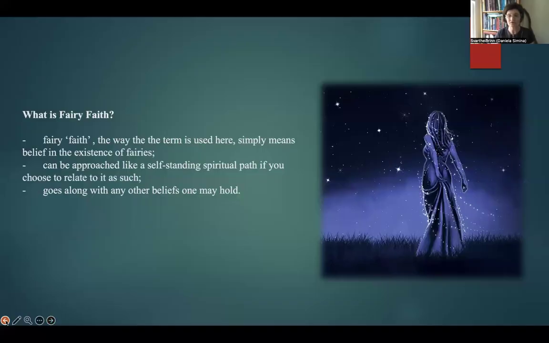And my apologies, I'll go back because I did not give a description of the picture that we have on the slide. It is a lady standing in a field, just grasses. It is night. It's a very nice indigo blue sky. So everything is in shades of indigo blue, the lady, the sky, the grass.